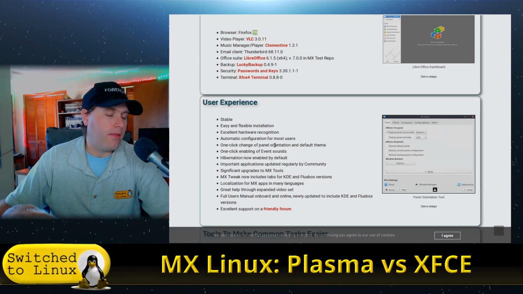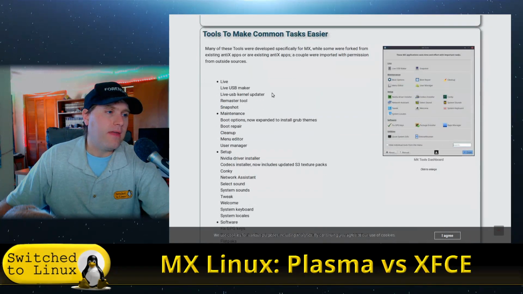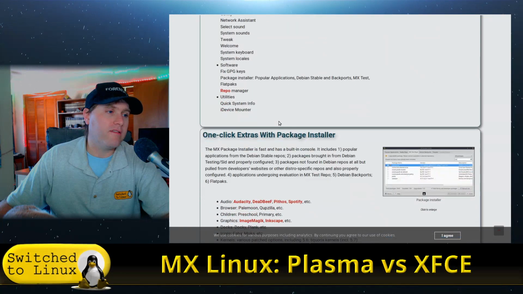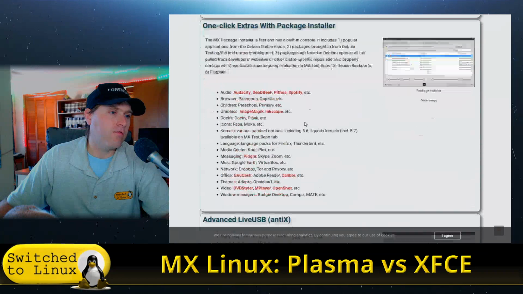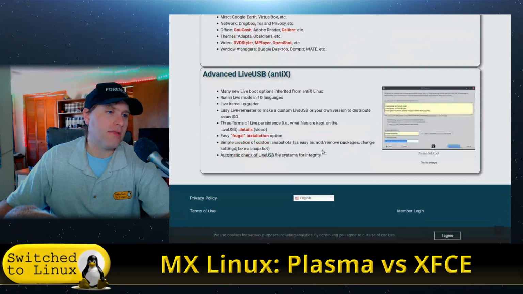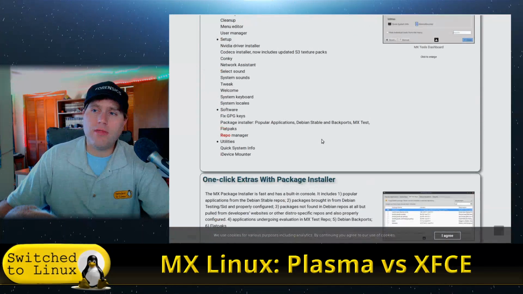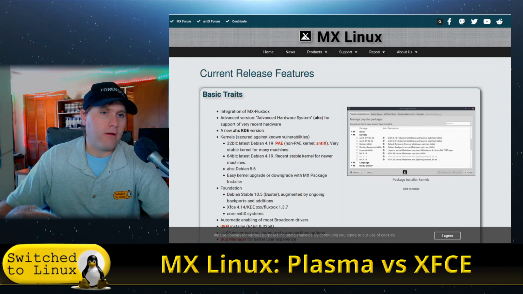It will probably have the default one for KDE. All right, user experience tells us about that. They do have a variety of tools. This is what makes MX Linux so good, the massive amount of MX Linux tools, and then extra packages and things like that. So there is what you have as far as your various builds there.